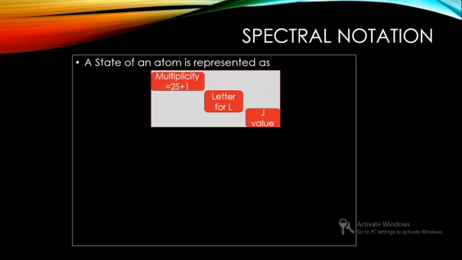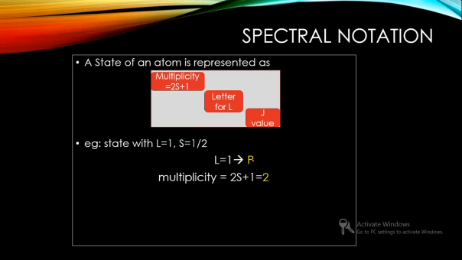For example, for a state with L equal to 1 and S equal to half, let us write down the spectral term. L is 1, so the letter representing L equal to 1 is P.